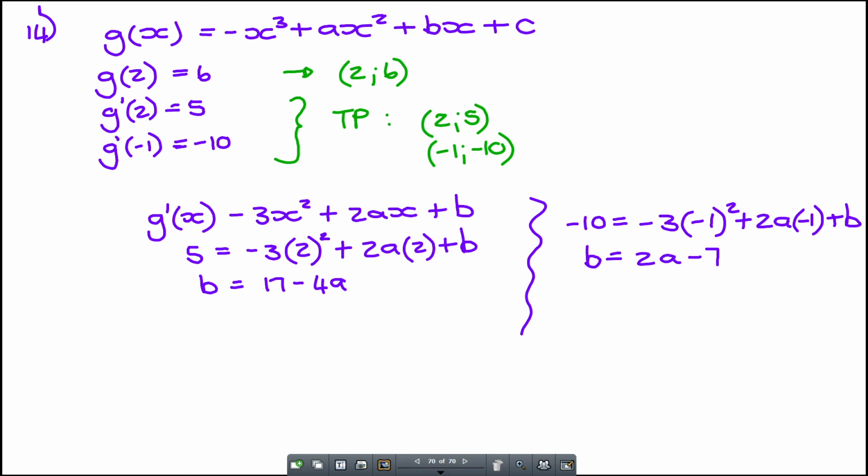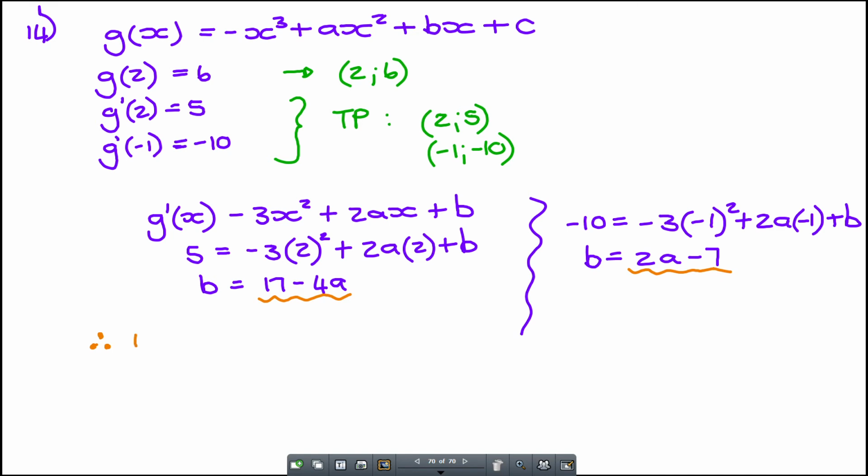En nou kyk gou mooi werk hy uit. B is equal. Nee. So I can basically go take this and make it equal to that. Does it make sense? All right. Nou gaan ek net 'n ander kleur vat. Ek gaan nou so maak dat jy kan sien where I get it from.